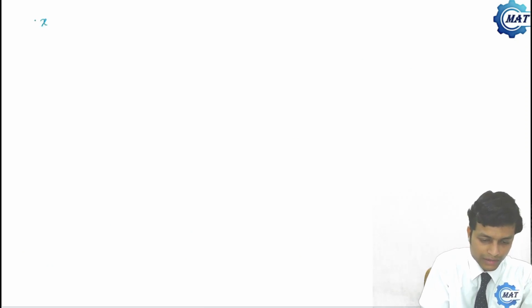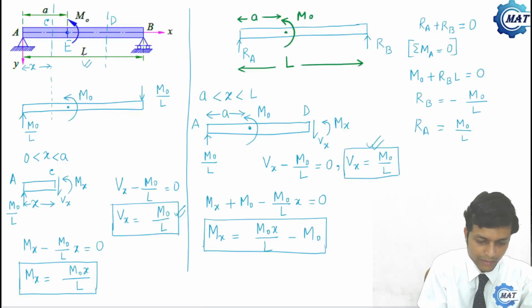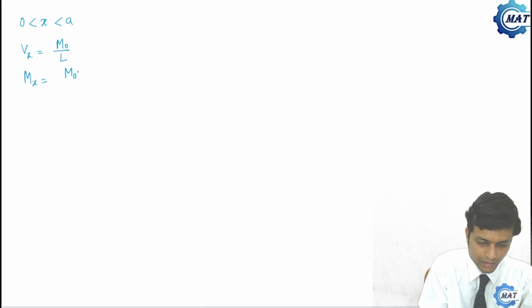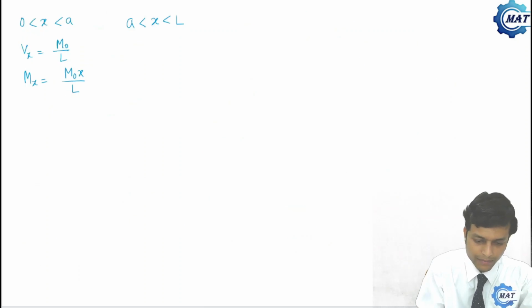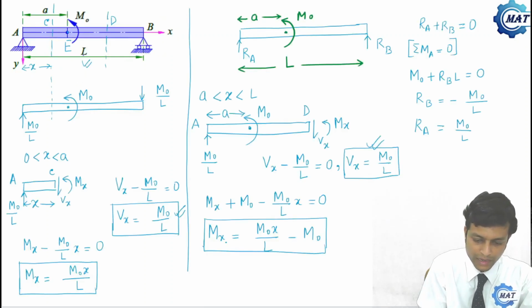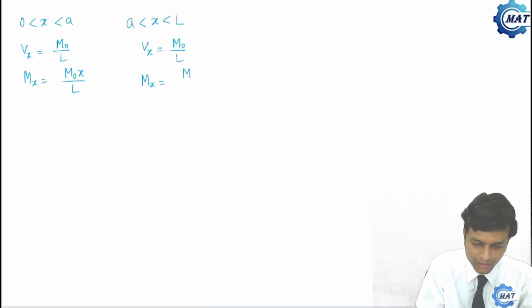So for x greater than 0 less than a, Vx is M0 by L and Mx is M0 into x by L. And for x greater than a less than L, Vx is the same, M0 by L, whereas Mx is M0 x by L minus M0.